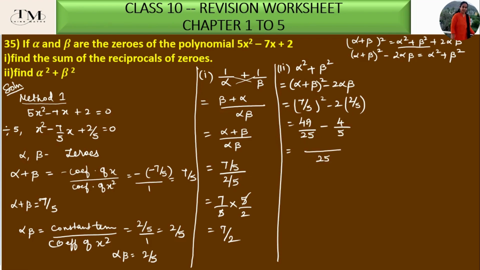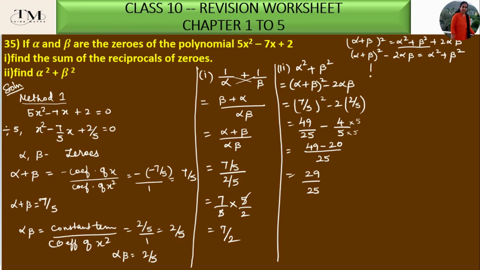Now what we have to do? Put this number as such, 49 minus, to make this 5 as 25 we have to multiply and divide by 5. So here we have 25. 4 into 5 is 20. What is 49 minus 20? It is 29 by 25.